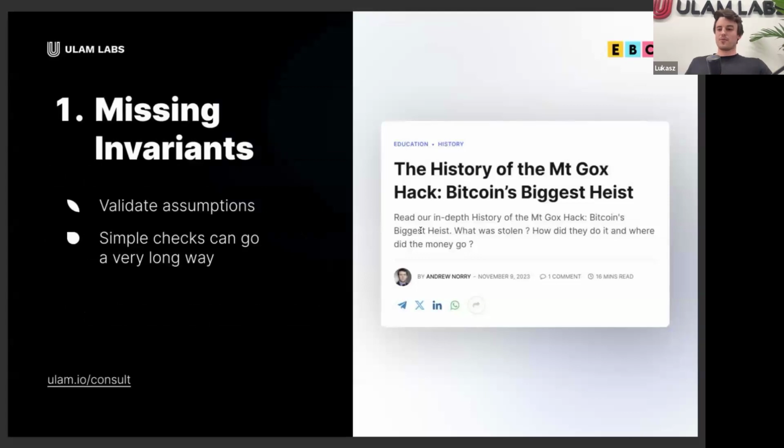Let's start off with a warm-up with Mt. Gox, the big hack. For those who don't know what happened, I hope a lot of you do, but for the not so OGs, the exchange got stolen. Over 600,000 Bitcoin were stolen.